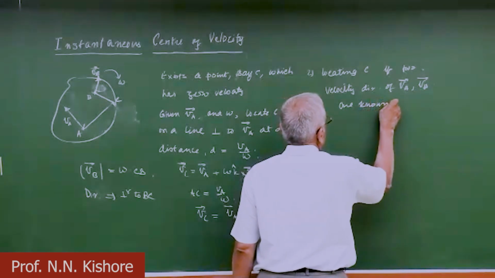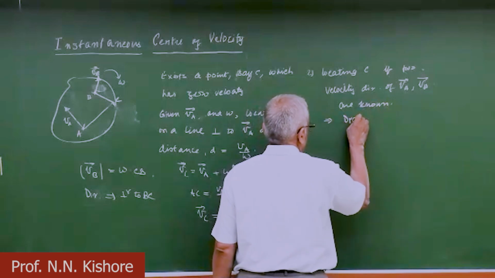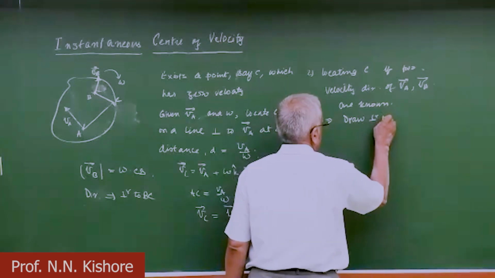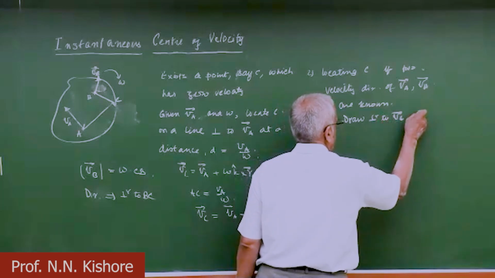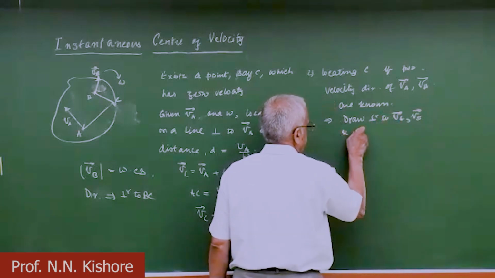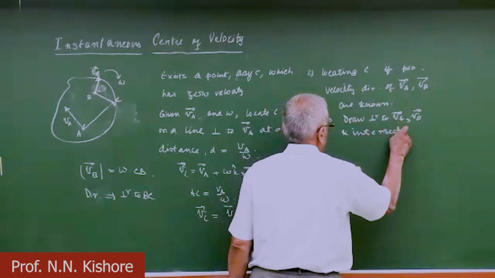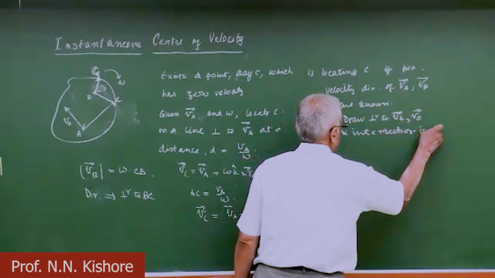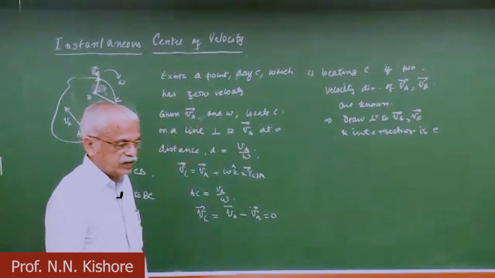It is simply: draw perpendiculars to VA and VB, and the intersection is C itself.